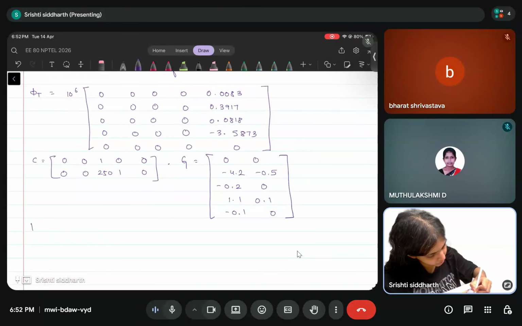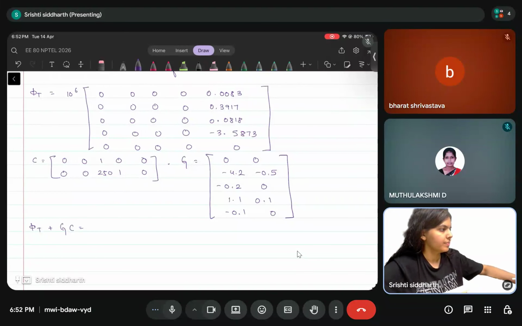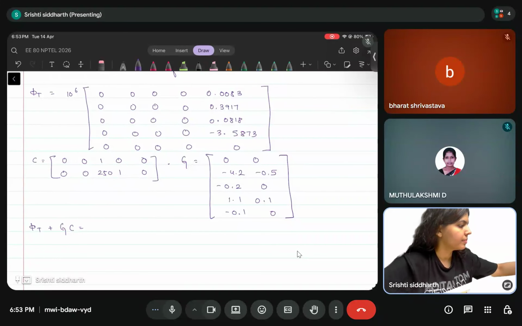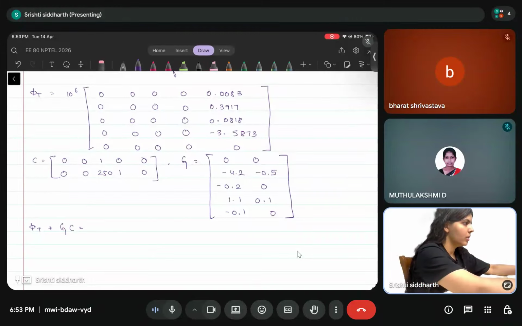Then let's compute phi T plus GC. So I'm going to do this, just a second. This is 0, 0, 1, 0, 0, 0, 0, 250, 1, 0.